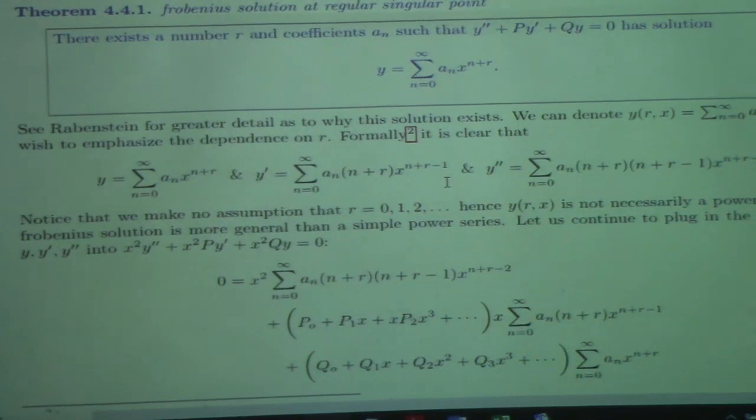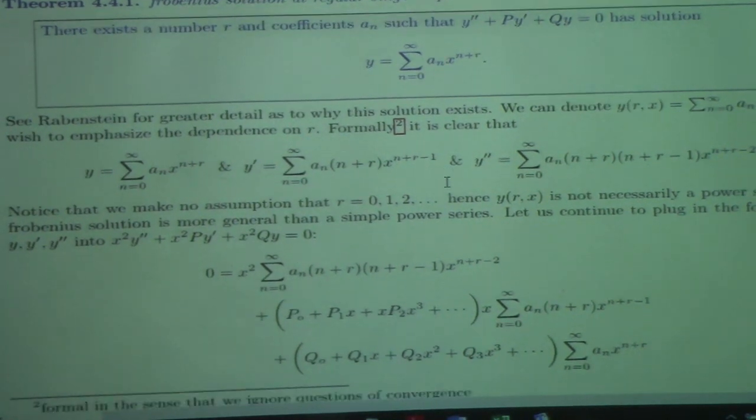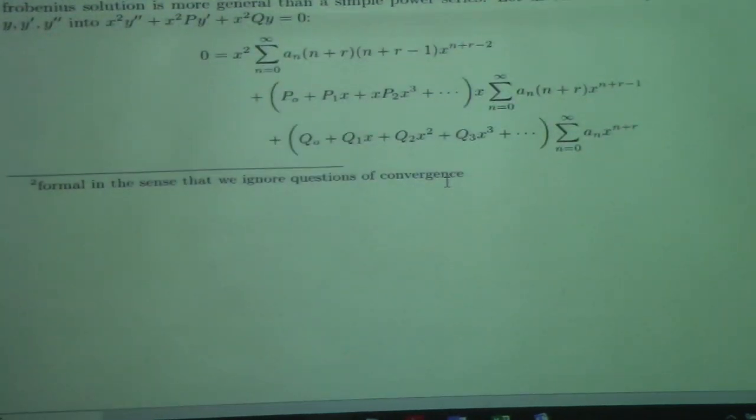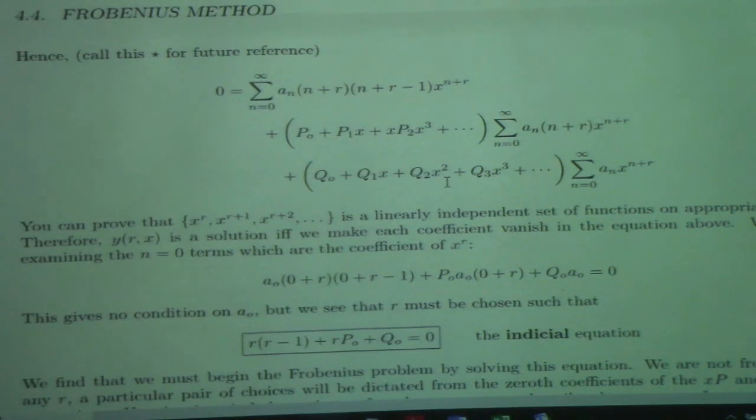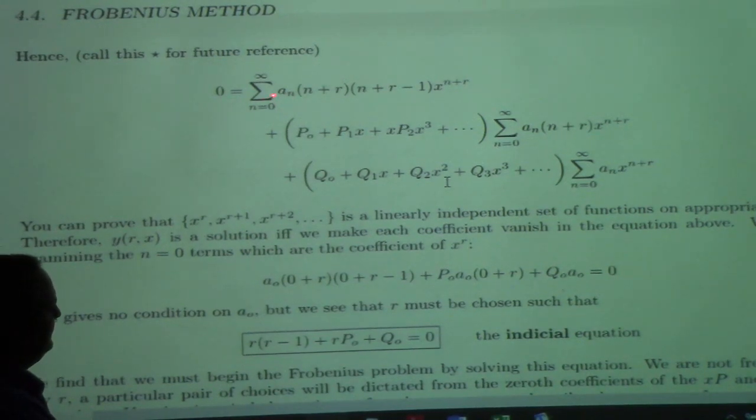If you've been doing any of your homework on power series, you have a sense of where we're going with this. So hence, we have the following. This is the y prime prime term.